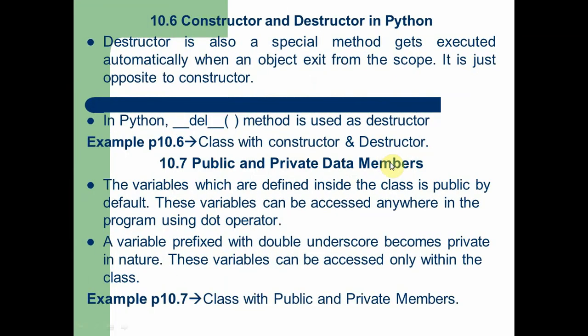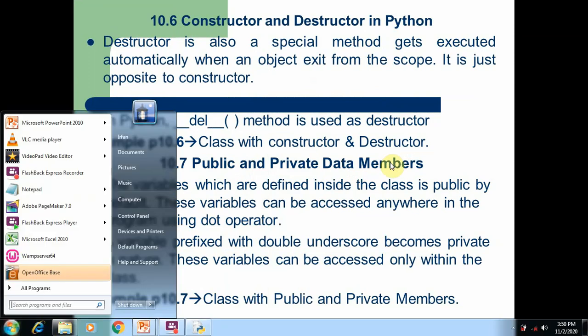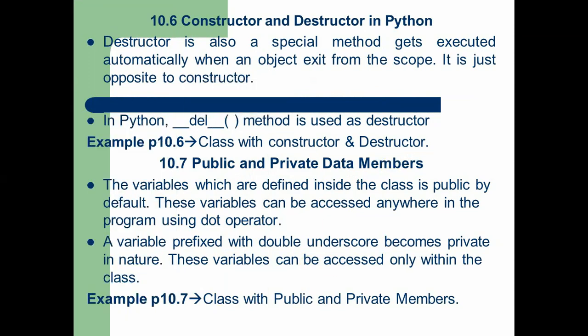Now we're going to understand the concept called public and private data members. All the members in a class can be categorized into two: number one, public, and number two, private. What is public and what is private? A variable or any member created inside the class can be accessed by all the members of the class, as well as outside of the class by using the dot operator as a prefix to the object name.